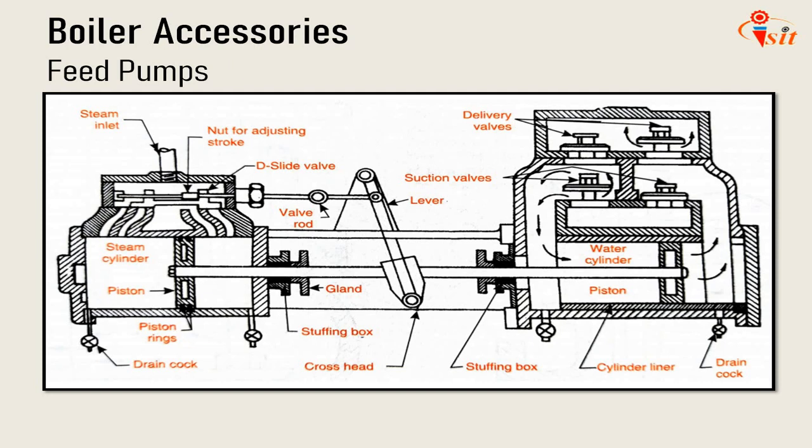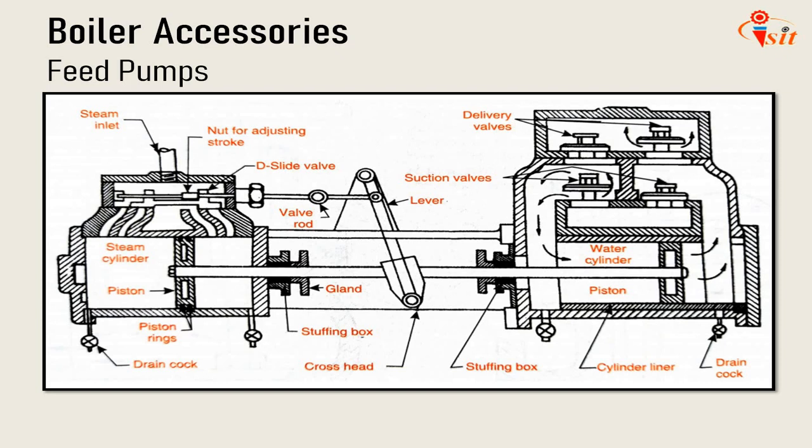The reciprocating pump consists of a pump cylinder and a piston. Inside the cylinder reciprocates a piston which displaces water. The reciprocating pump may be of two types. First one is single acting type and second one double acting pump.